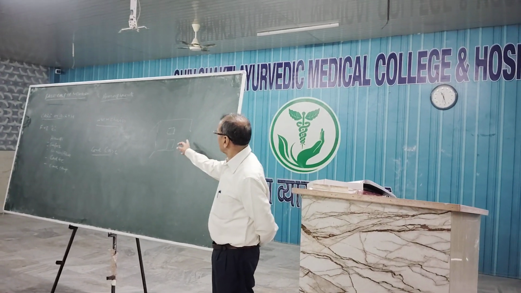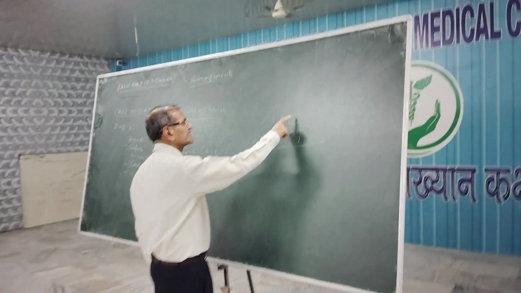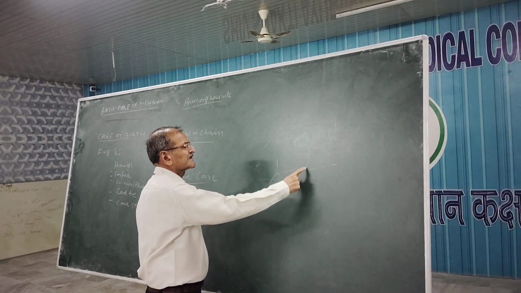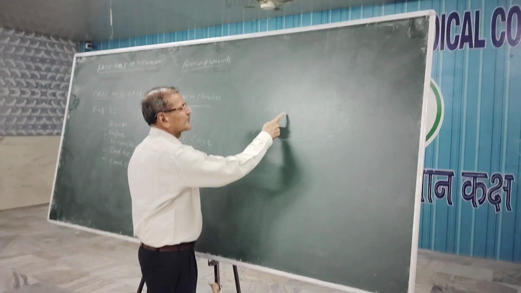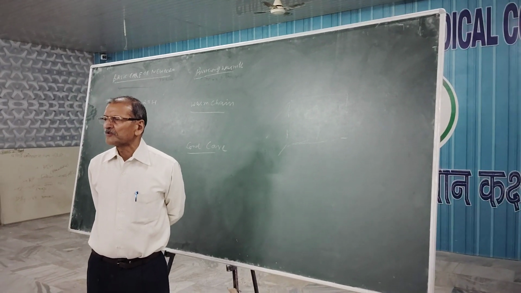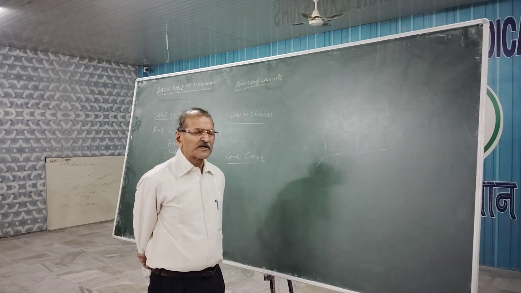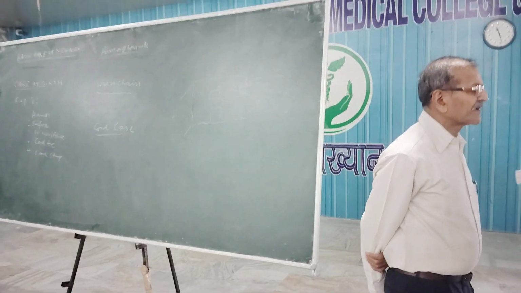As I have tried to show in this diagram, let us say this is the door, this is the window, this is also the window. So here the delivery table is there. So air current will go from here, here, and it will make the delivery room cold, and the child may also go into hypothermia. This you need to take care.